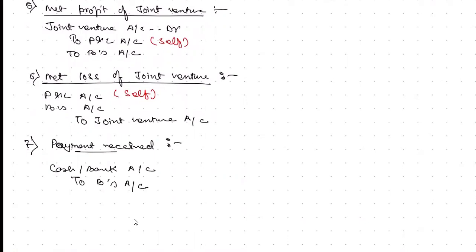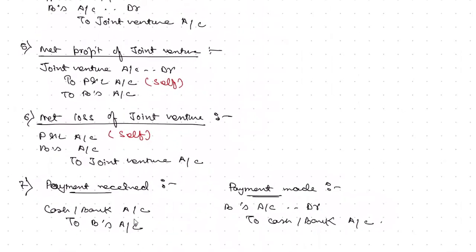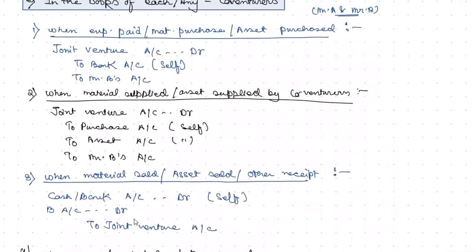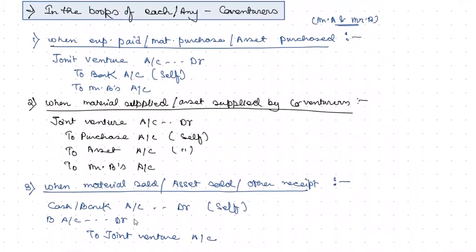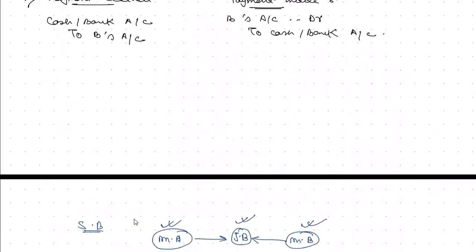But if the same is payment made, तो हम दे रहे हैं. करेक्ट. तो B's account debit to cash/bank. करेक्ट. समझ में आ गया ना? बस यही है. ठीक है. हमको सिर्फ ये सोचना पड़ेगा किसका बुक्स ऑफ अकाउंट हम मेंटेन कर रहे हैं, तो उसका नाम तो हम लिख नहीं सकते, तो हमको दूसरे का नाम डालना पड़ेगा. ओके. आगे बढ़ जाओ.